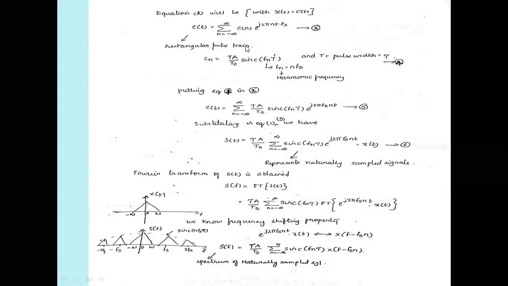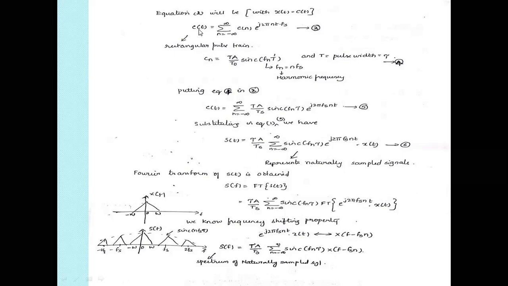For a rectangular pulse train, Cn is equal to Ta by T naught into sinc function, sinc of Fn t. Got it, my dear students? And in this equation, Cn is equal to, you can substitute here, or let us take x of t only.